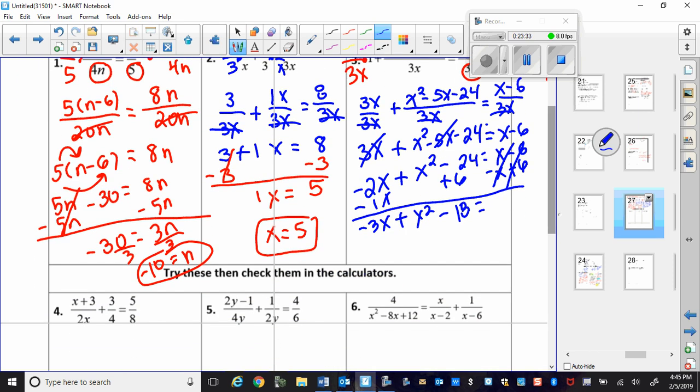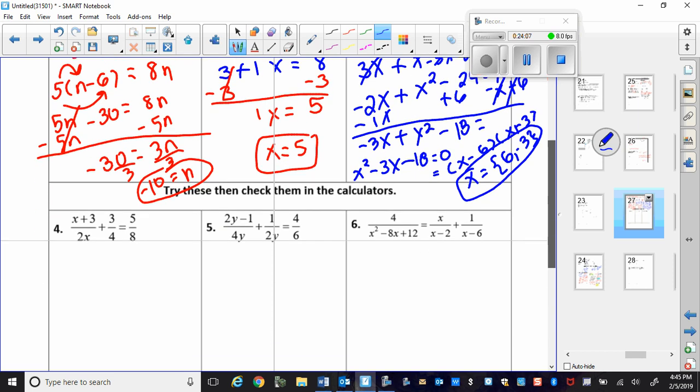Now I want to put this in standard form, figure out what are my two factors that make this polynomial true. So two numbers that multiply to negative 18 add up to negative 3. This equals x minus 6 times x plus 3. And my numbers here will be x equals, curly bracket, two numbers, 6 and negative 3. That's my numbers.